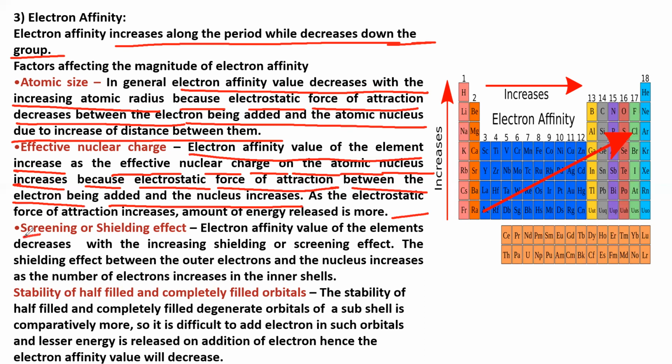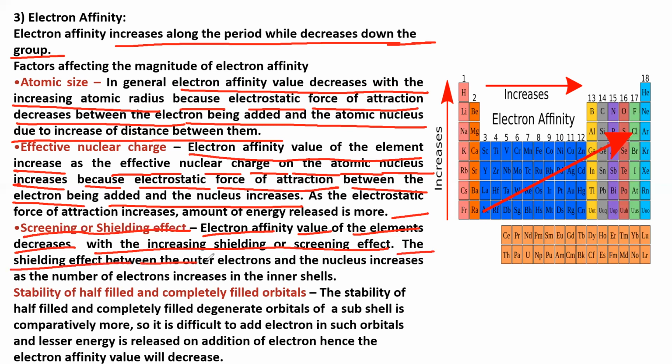Next is the screening or shielding effect. The electron affinity of elements decreases with increasing shielding or screening effect. Here, as the shielding effect increases, the electron affinity value decreases.